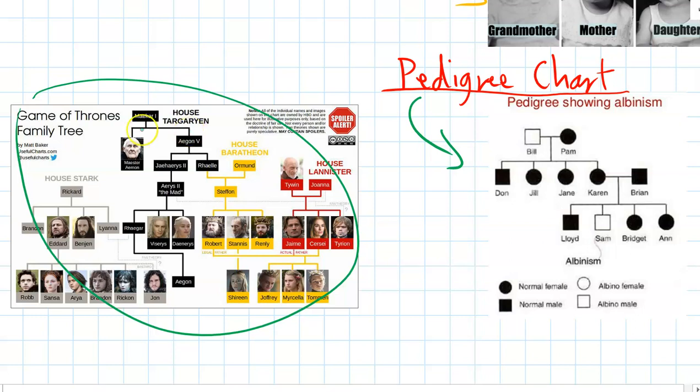So we know that the lines joining together, like these people here, they represent marriage, and then the people underneath represent their children. And so you can show all the children and the relationships all through the generations. And that's what a pedigree chart shows as well, but it helps us to follow the inheritance of one particular trait.